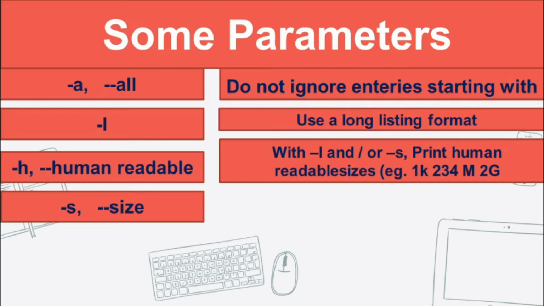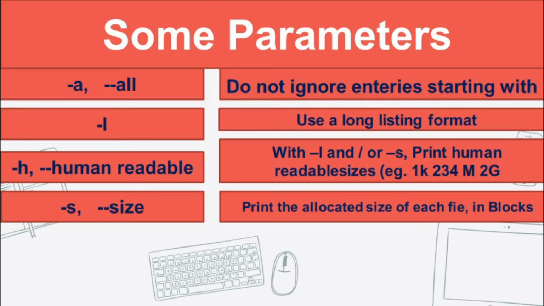Dash s or double dash size prints the allocated size of each file in blocks. Dash s in lowercase lists files and directories with their size. Dash S in uppercase sorts by file size, displaying the largest file first.